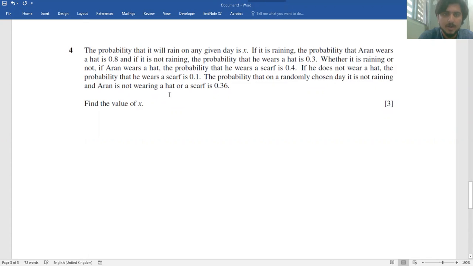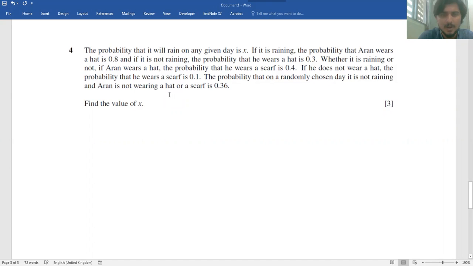Again, we'll not try to fill out each and every detail, but we'll just try to understand that he wears a scarf or no scarf, scarf or no scarf. Now the question says that whether it is raining or not, if he wears a hat, the probability of wearing a scarf is 0.4.